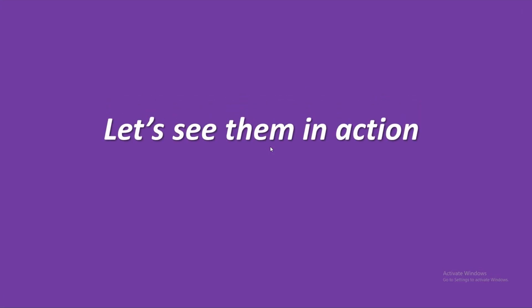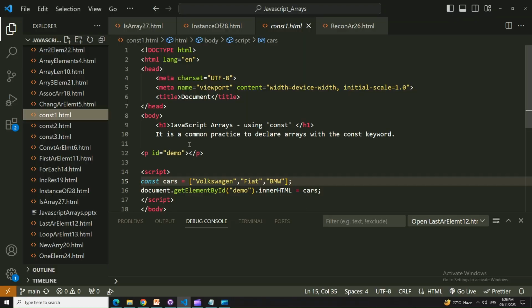Let's see them in action. The first program. We have const variable cars where cars = ["Volkswagen", "Fiat", "BMW"], and we are going to print the value of cars inside an element which has an ID demo.